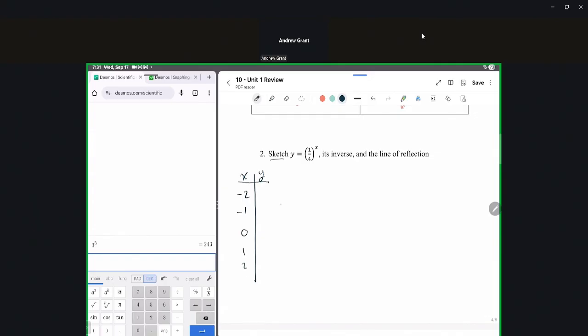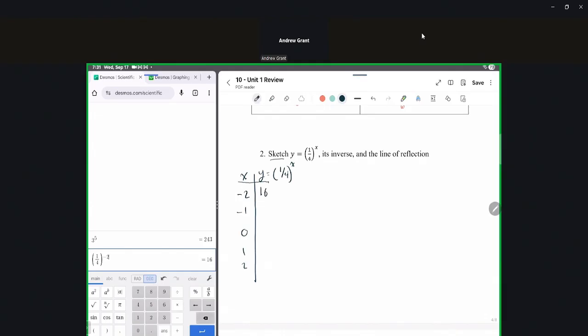And you want to insert each of these values into your equation for y is equal to 1 over 4 to the power of x. And so if you type in 1 divided by 4 to the power of -2, you will get 16 as an answer.